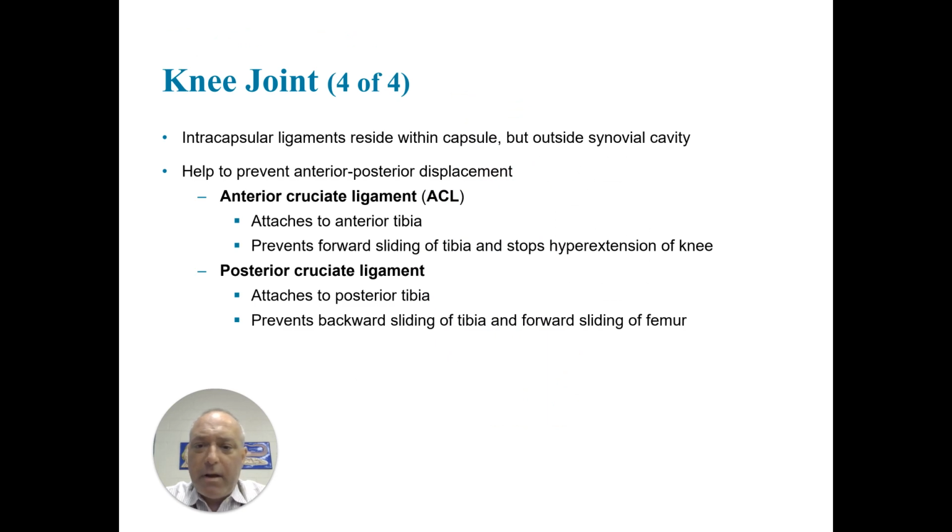Okay, so what keeps it from displacing anterior to posterior are the anterior cruciate ligament and the posterior cruciate ligament. So when there's a football injury and the knee is forced anterior, lateral, or posterior, these ligaments will become damaged because they stop hyperflexion and stop backward sliding.